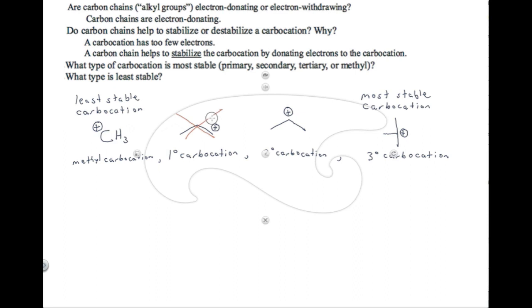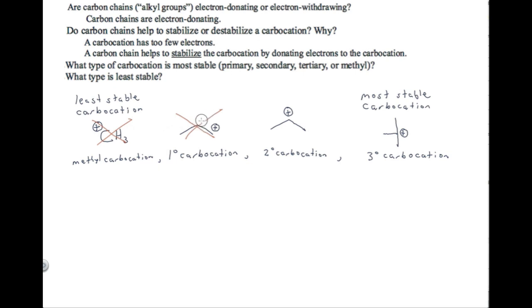We don't actually form primary carbocations in reactions because they're too unstable, too unhappy to be formed. So then there should be another carbocation that is too unstable to form. Well, if a primary is too unstable, then a methyl would be even worse, right? A methyl is obviously even worse. So these are the 2 types of carbocations that we generally do not form in reactions.